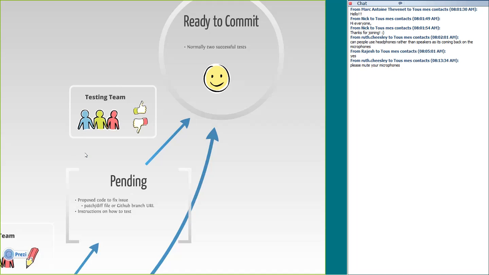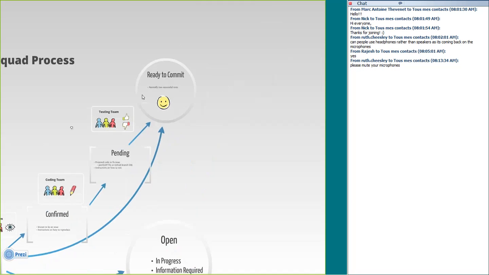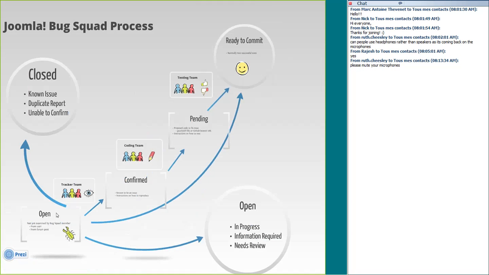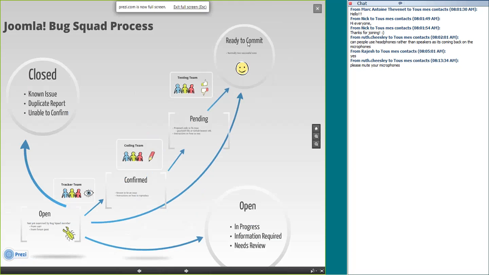In other cases, there may be questions, or it may take a few go-arounds to get the proposed change right, and so on. But that's basically the overview of the process, getting things moved through the link from open to ready to commit, and the various teams doing the different steps.